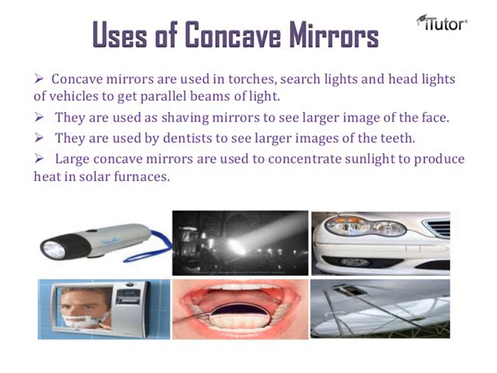Large concave mirrors are used to concentrate sunlight to produce heat in a solar furnace. The uses are asked very frequently in the board examination for 2 marks or 1 mark or even 3 marks.